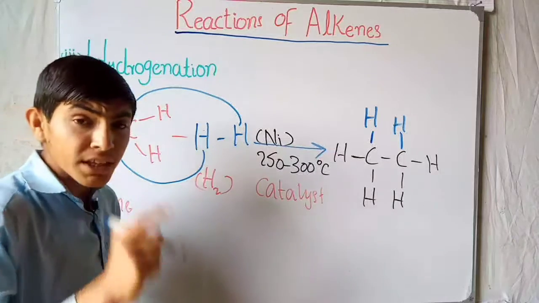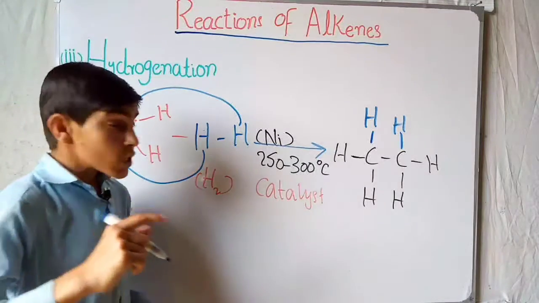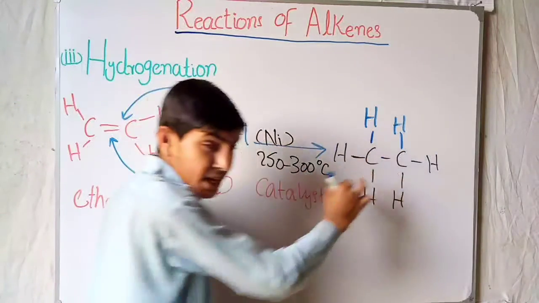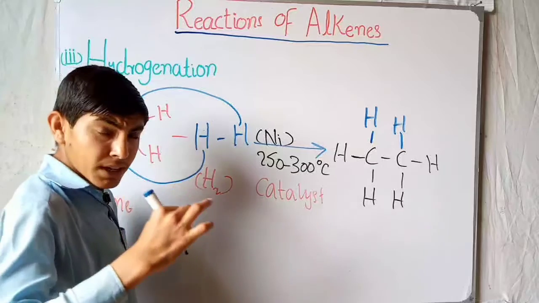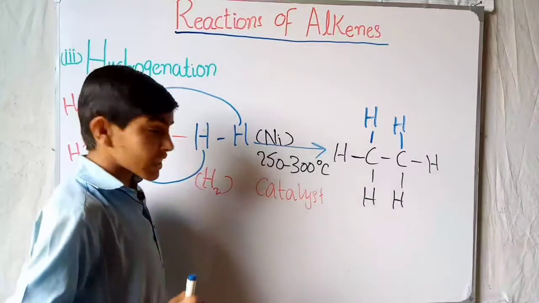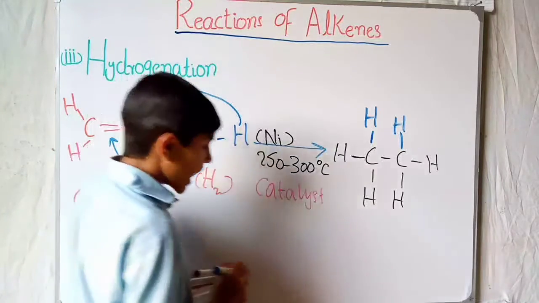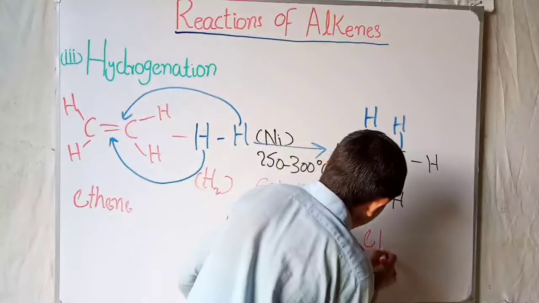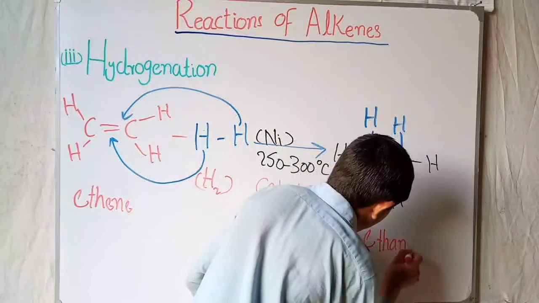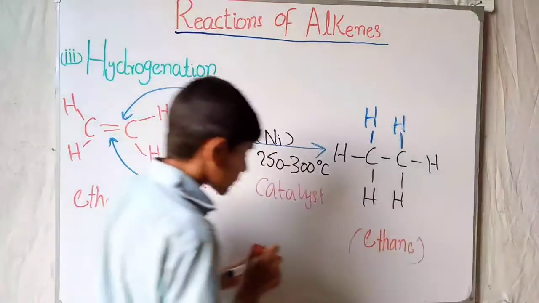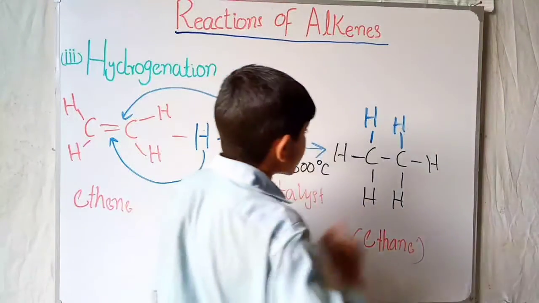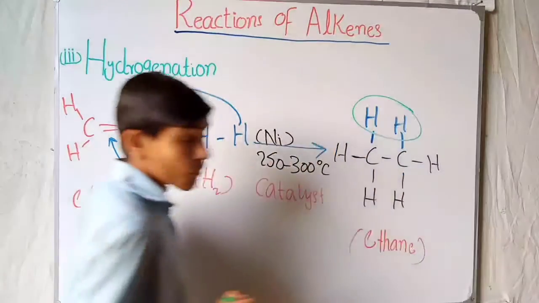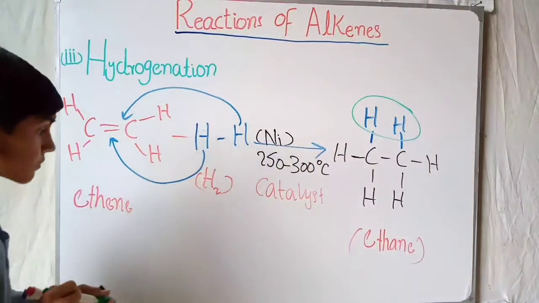When the carbon has four bonds, this is termed a saturated hydrocarbon and is called alkane. In this case it is called ethane.